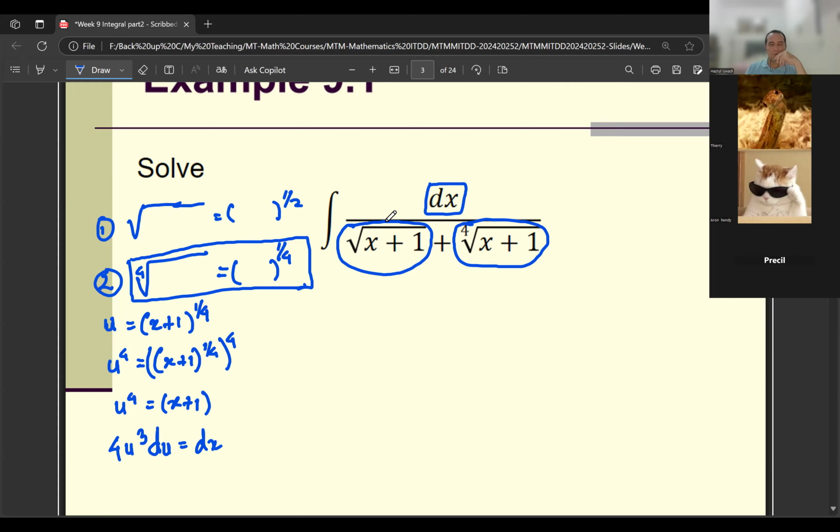Okay, next we must replace the square root of x plus 1, and we can get it from here.